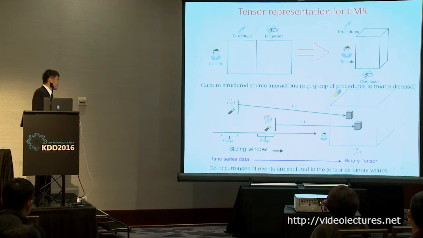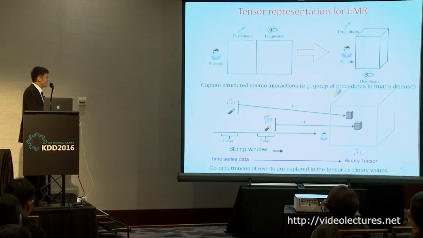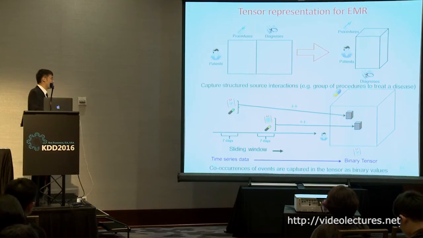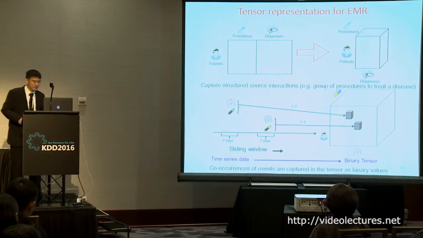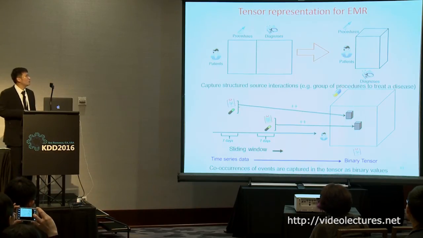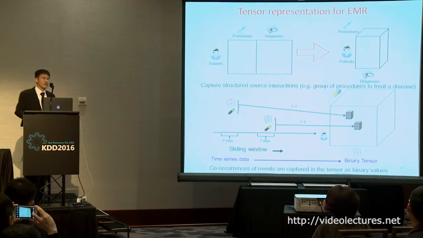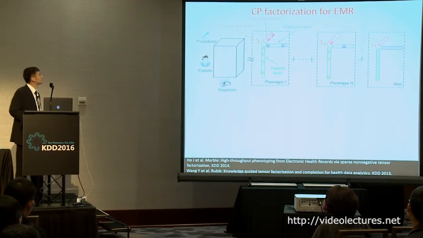The idea is that we use a sliding window to test whether the diagnosis or the lab test has some co-occurrence with the drug, and if yes, then we make it an element of the tensor, giving a binary tensor representation. So this is how to construct a tensor from electronic medical record data.